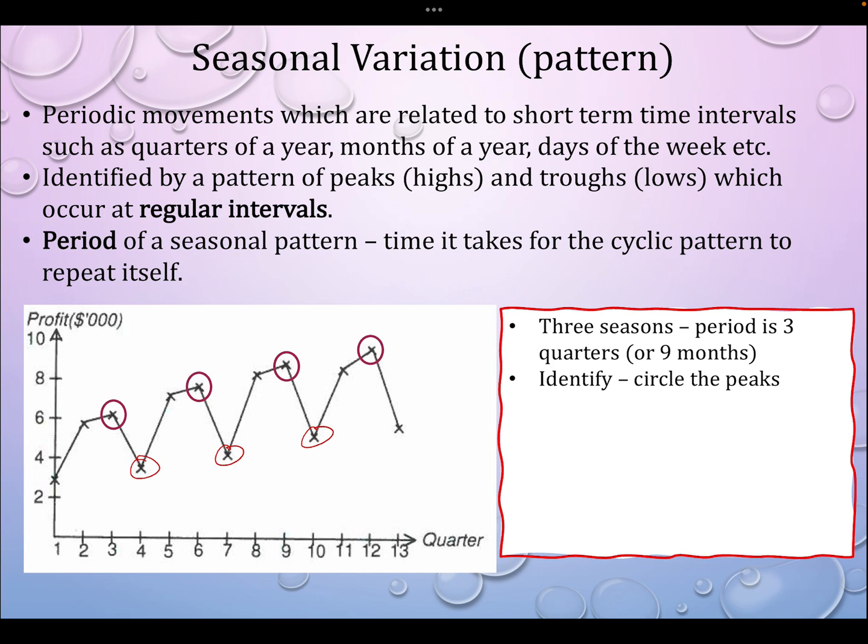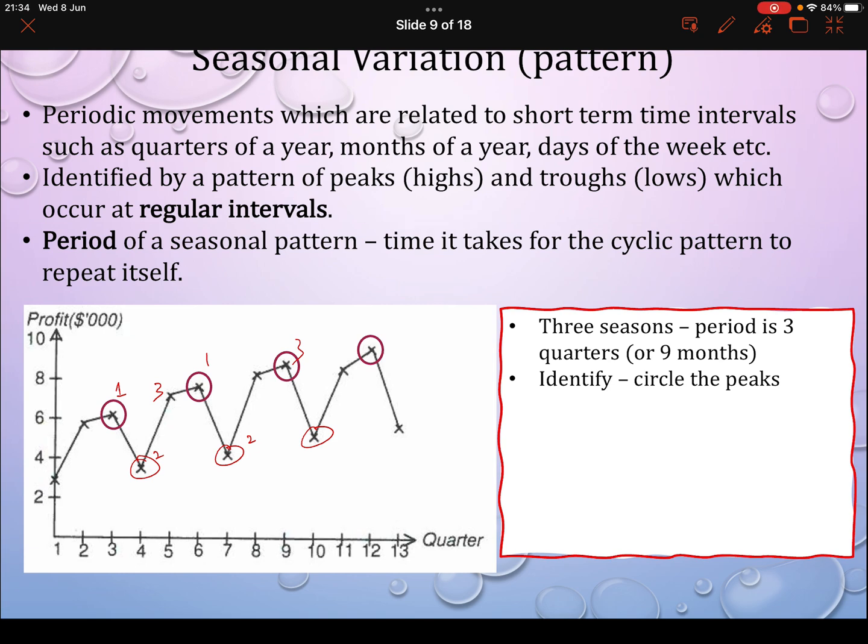Here I say that there are 3 seasons. The period is 3 because you've got period 1, 2, and 3, and then it repeats itself again, 1, 2, and 3. This is based on the peak. Now, if you look at the trough, if we start from here, 1, 2, and 3. Back to the trough again, 1, 2, and 3.